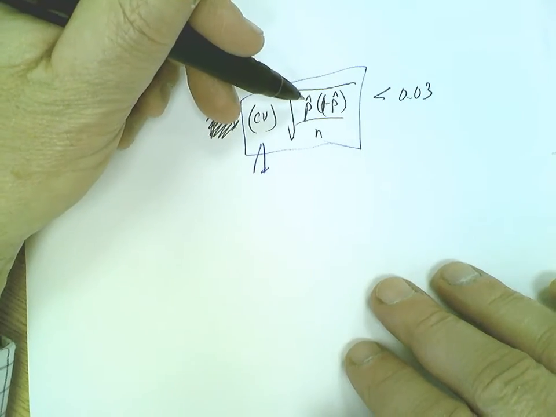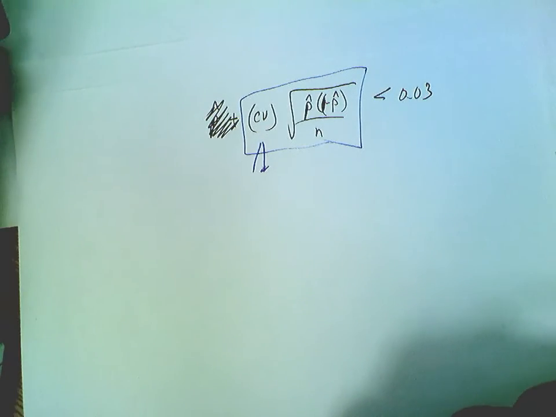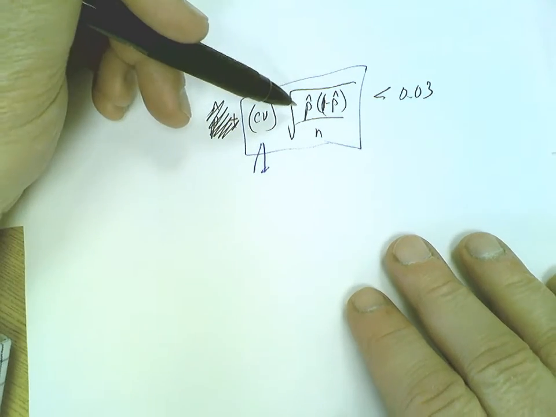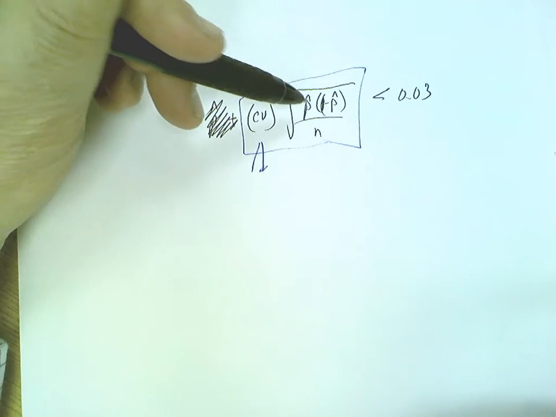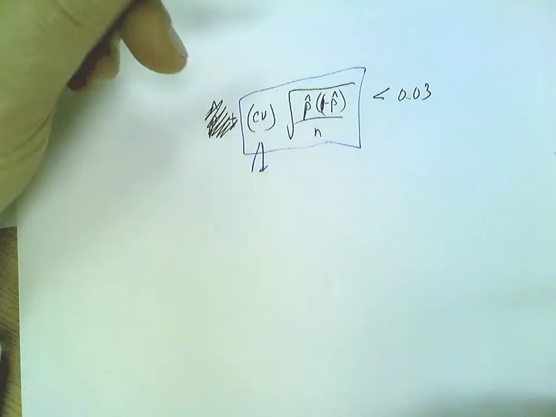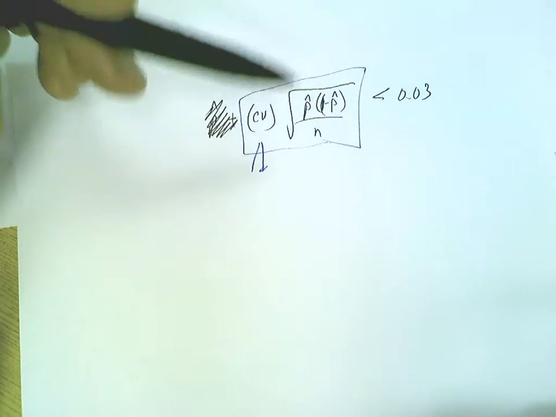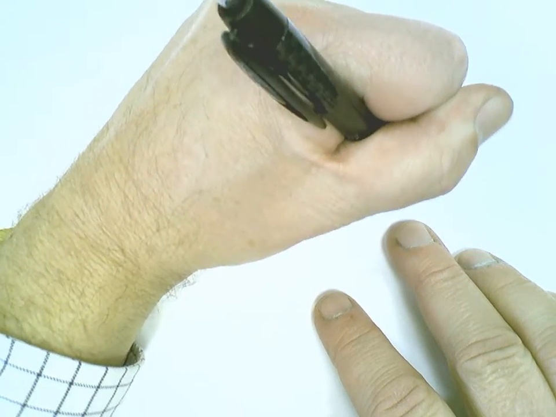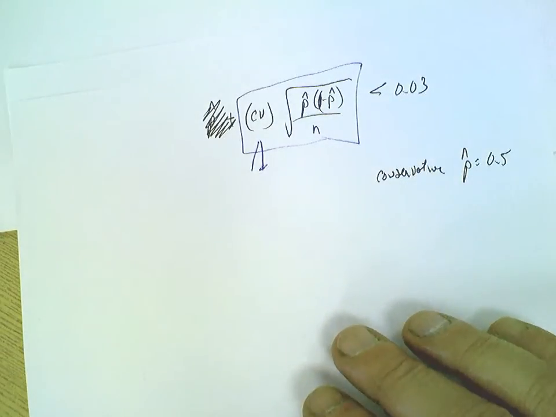That translates into how do I make p hat times 1 minus p hat as big as possible? In the circumstances we're working in, all we need to do is make p equal to 0.5. That maximizes the value: 0.5 times 0.5 is 0.25. Any other value of p hat, p hat times 1 minus p hat will be less than 0.25. So to be conservative, I'm going to let p hat equal 0.5.